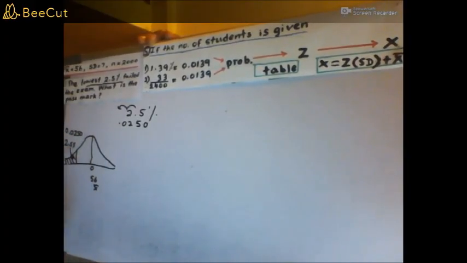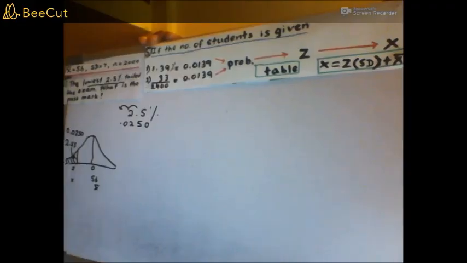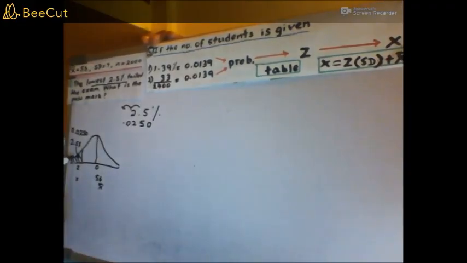Now we have to find the probability of this one. Why? We need to find the relevant Z value, and also then we have to find the X cutoff mark. Right? So we know this side. Then what do we have to do? We have to deduct this probability from 0.5.